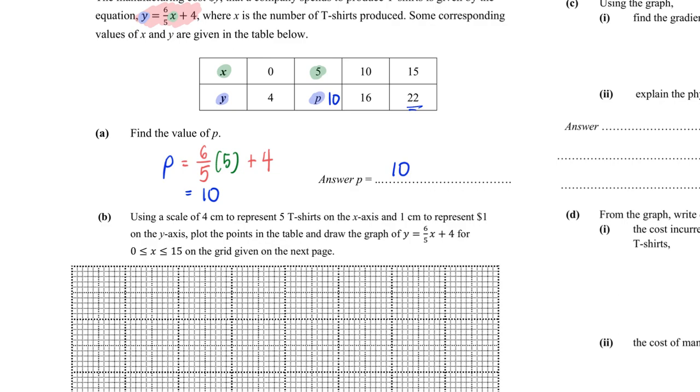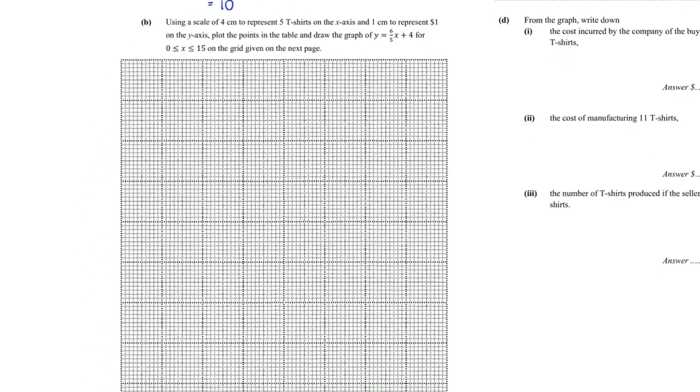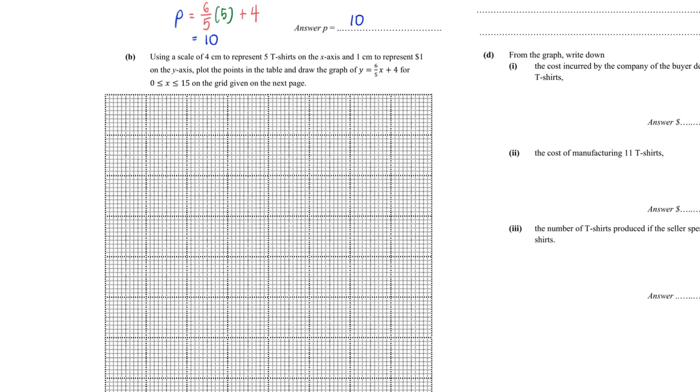So in this case, we are going to draw the axis here. With 4 cm means the big box is 5 t-shirts on the X-axis, 1 cm to represent $1 on the y-axis for 0 to 15. So I'm going to have this, and my axis, I'm going to use this.